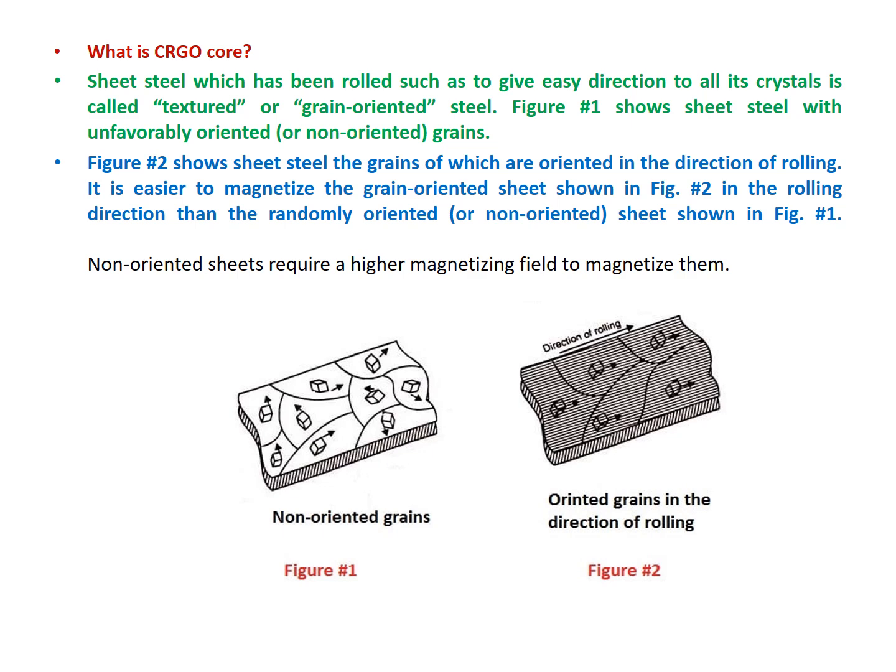It is easier to magnetize the grain oriented strip shown in figure 2 in the rolling direction than the randomly oriented, or we can say non-oriented, strip shown in figure 1. Non-oriented sheets require a higher magnetizing field to magnetize them.